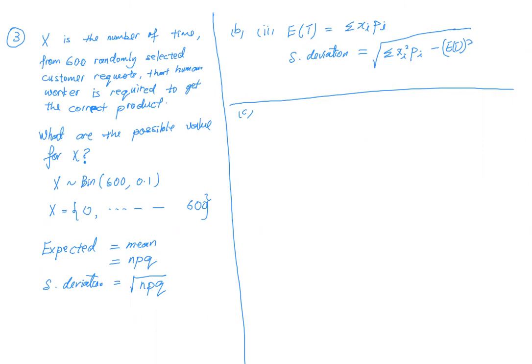Okay. Another thing about binomial distribution that I want you to take note of: they may give you the formula for binomial distribution, and they may ask you what is the meaning of this.